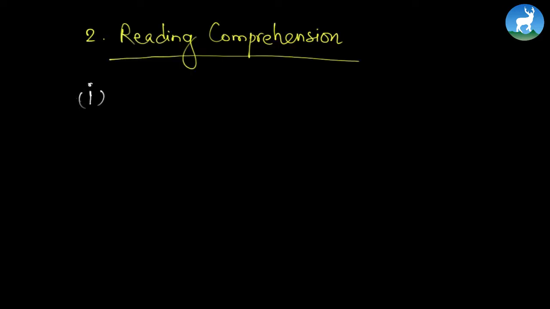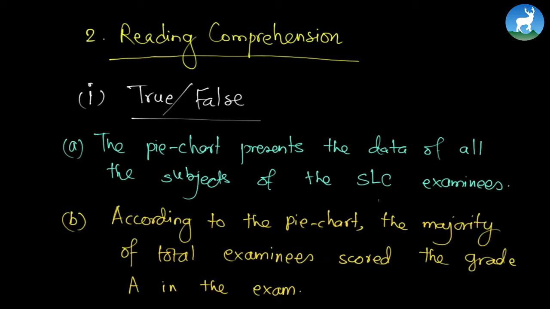Now let us go to question number 2, that is reading comprehension. Question number 1 is, study the table and the pie chart and indicate whether the following statements are true or false. The first one is, the pie chart presents the data of all the subjects of the SLC examinees.